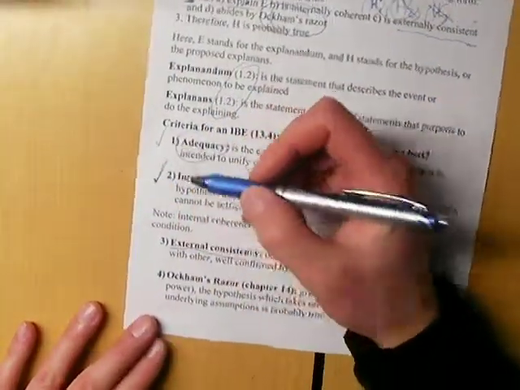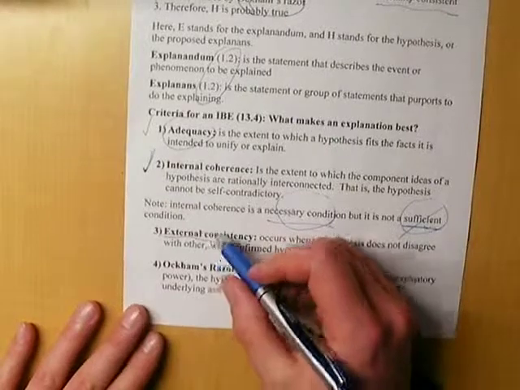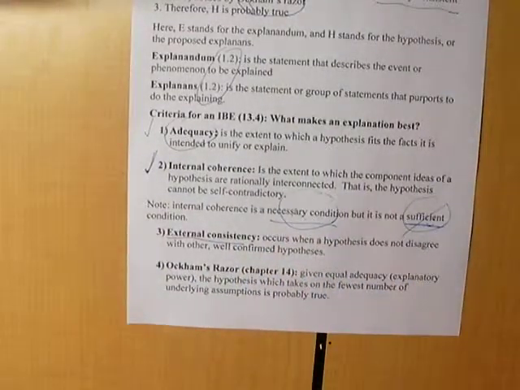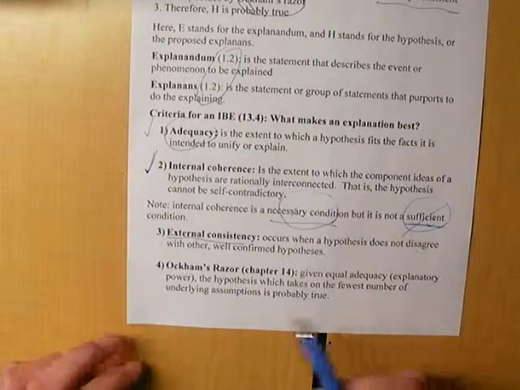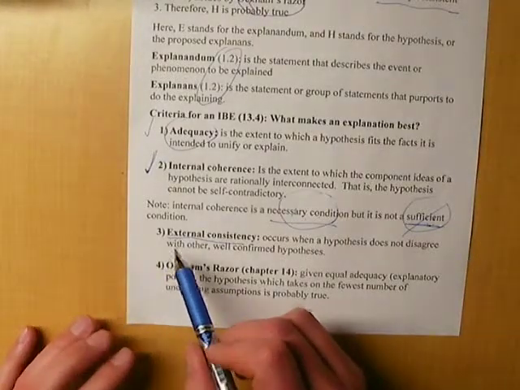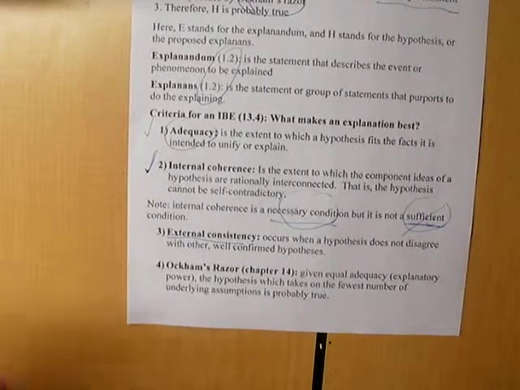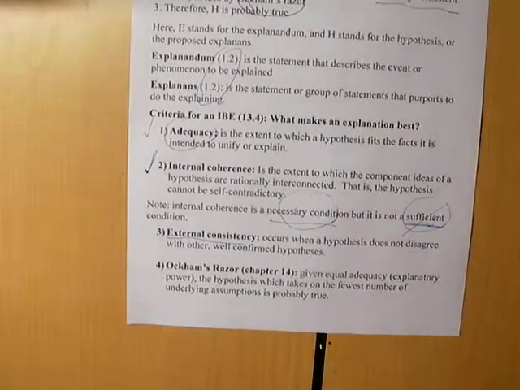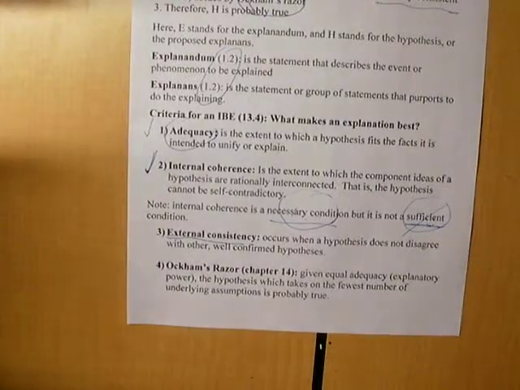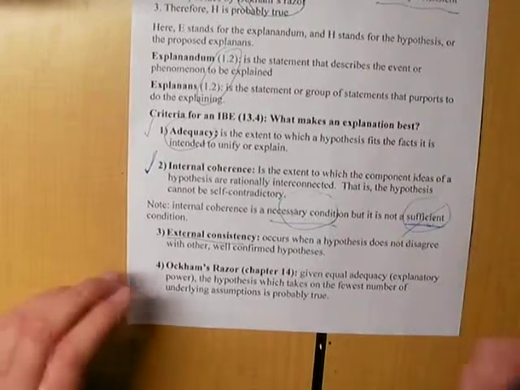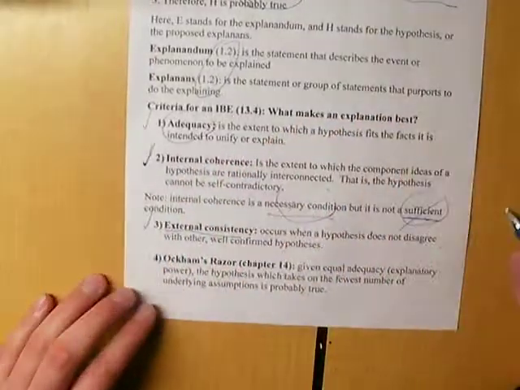It doesn't contradict itself. But what if our hypothesis contradicts something else we know to be true? Well, now we got a problem. We don't want our hypothesis to be inconsistent with other well-established facts. We want it to explain the current E, but we don't want it to conflict with other E's, if you will. So we need to put a big fat check there.